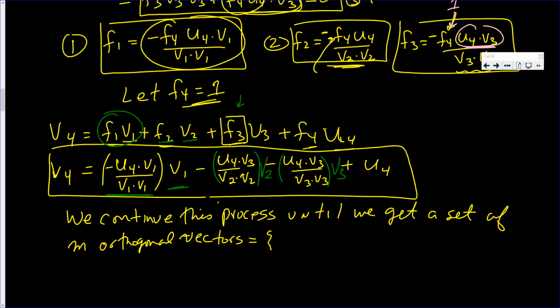And this set, by construction, is V1, V2, and so on. We're calling them V vectors, and this is T star, which will be the orthogonal vector space of W.